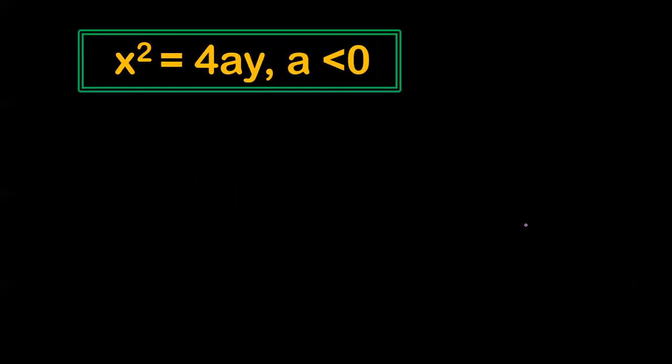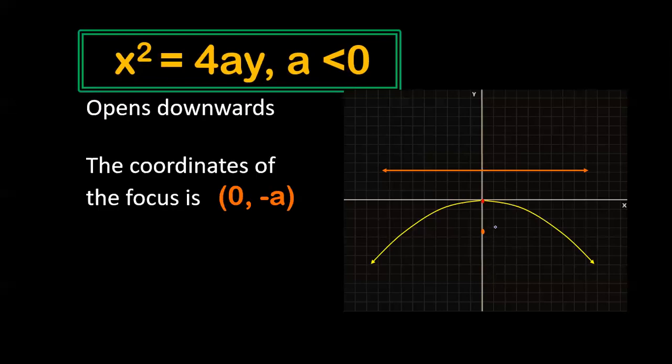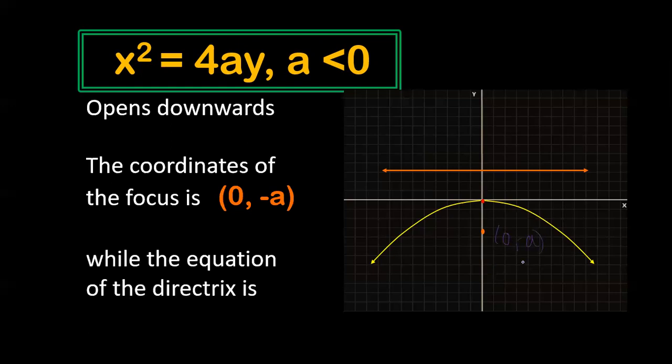Now for x squared is equal to 4ay where a is negative, or a is less than 0, your parabola will open downwards. The focus will be a units from the origin, so the coordinates will be (0, negative a), and your directrix will be at y is equal to a.